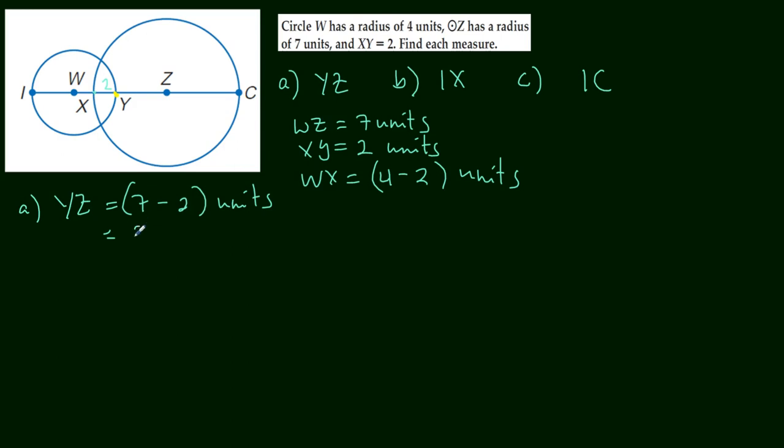Then we have 5 units. Okay. B, IX. Circle W has a radius of 4 units. So IX is equal to 4 units.